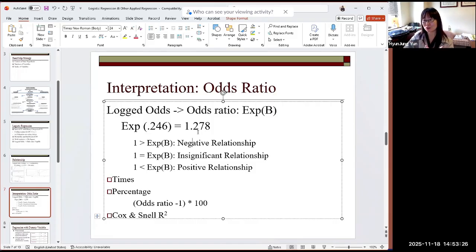That's the information you can use. So if you have one additional year of education, people's probability of voting increases by 27%, or 0.27 on the ratio. That's how you can use this odds ratio for interpretation.